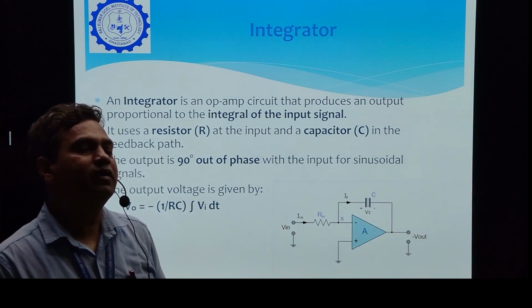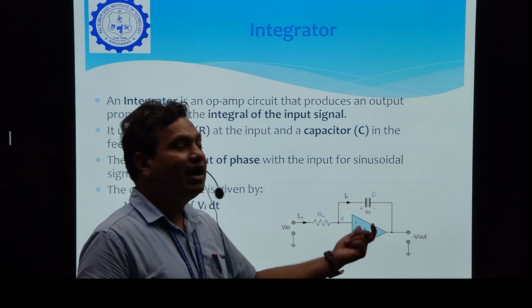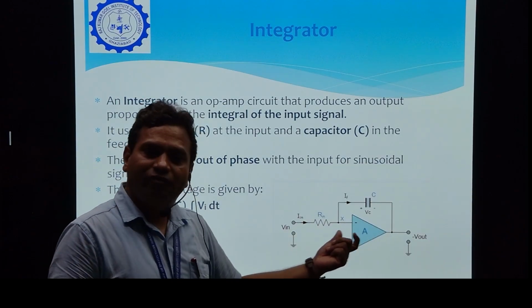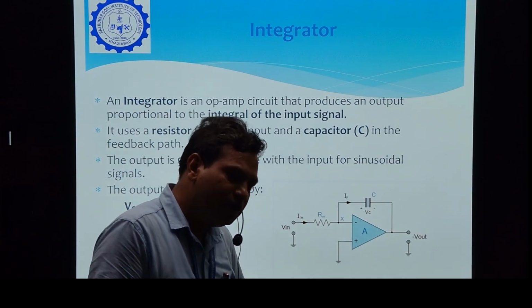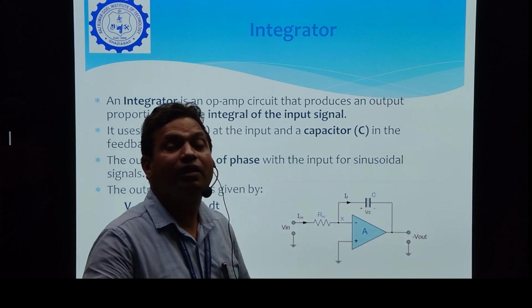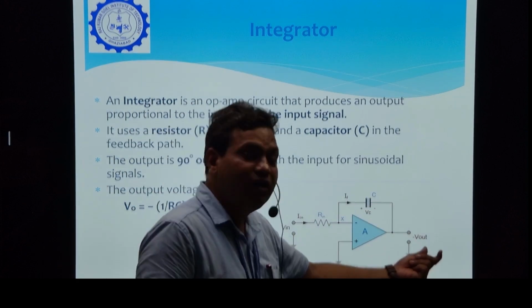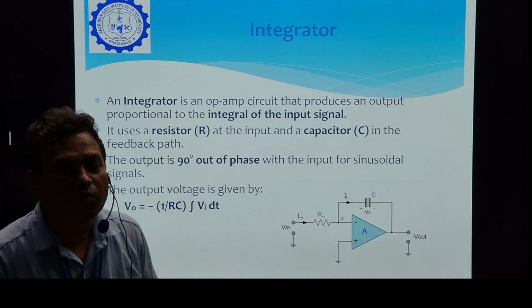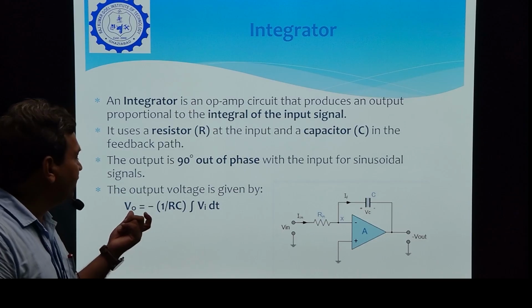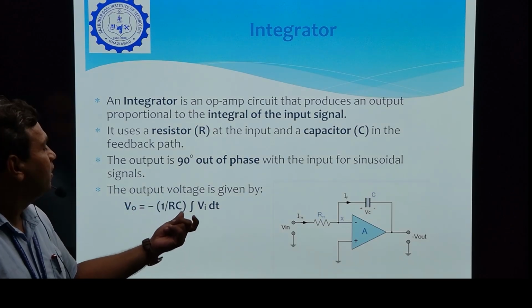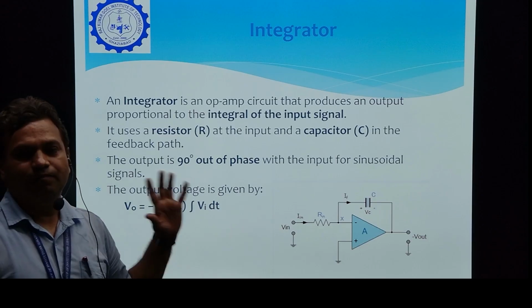To design the integrator circuit, we replace the resistance RF by a capacitor C, and the input signal is connected at the inverting terminal and the non-inverting terminal is connected to the ground. Then the resulting circuit behaves like an integrator whose output V naught is always proportional to the integration of the applied input signal, and mathematically the output is equal to -1 upon RC integration of Vi dt.